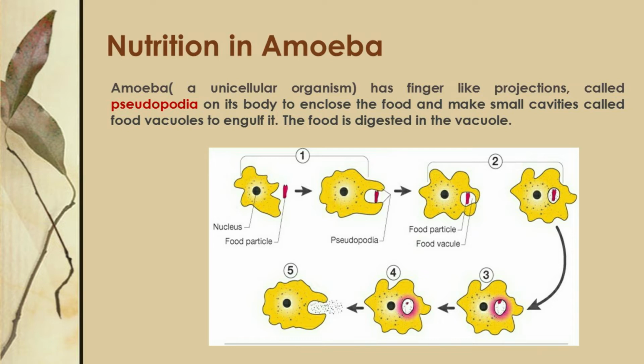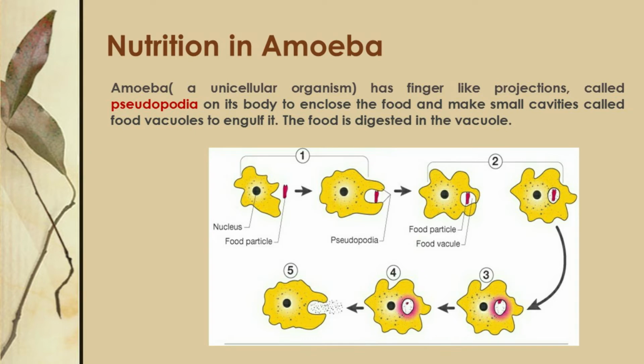There are finger-like projections on its body known as pseudopodia. When any food particles come in contact with amoeba, the pseudopodia enclose that food particle and make small cavities known as vacuole, food vacuole.